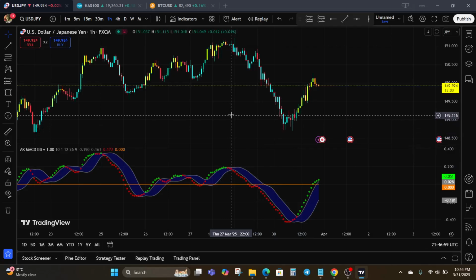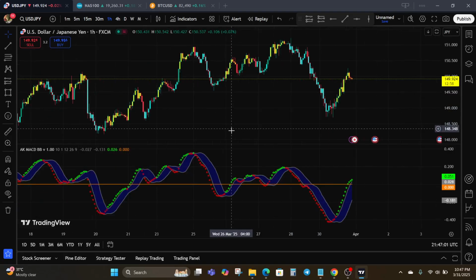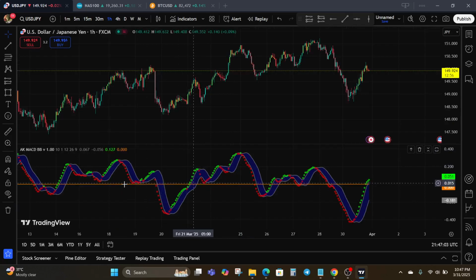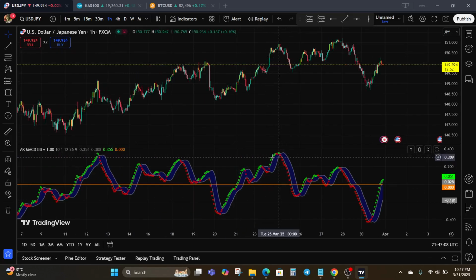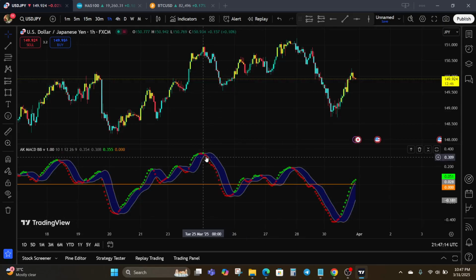So for example, now you can see that whenever the oscillator in the indicator window climbs up to the extreme top, it signals an overbought condition. And within that zone, you are going to notice that red dots are going to begin to pop up, right? So let's just follow me, right?